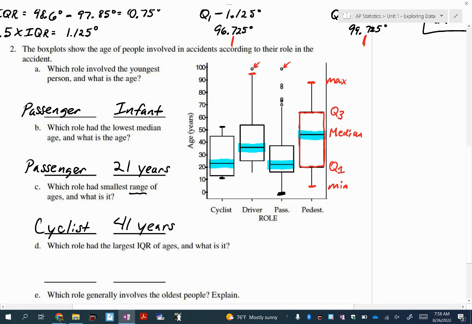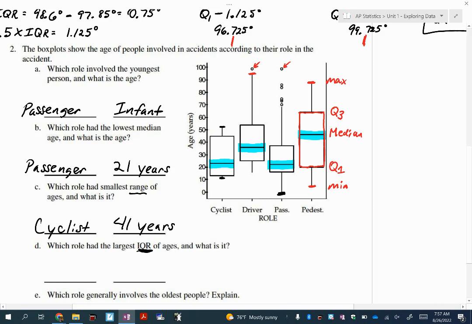Which role had the largest IQR? Since I used pedestrian to show you the different components here, the width of the box is your IQR. So when it says the largest IQR, I'm looking for whichever one has the longest or the widest box. In this case, I see passenger has the narrowest or smallest box, so I know that is not going to be my answer.